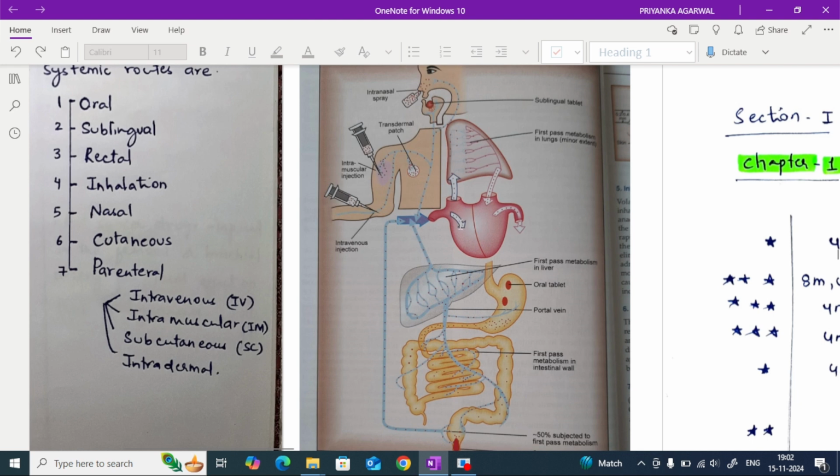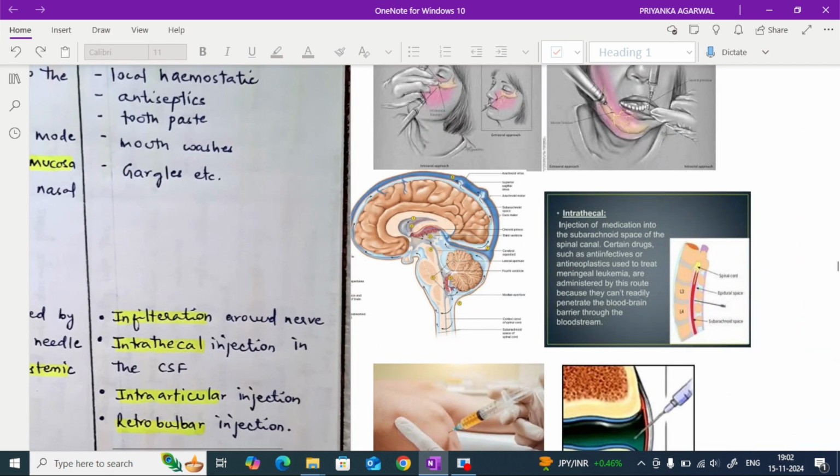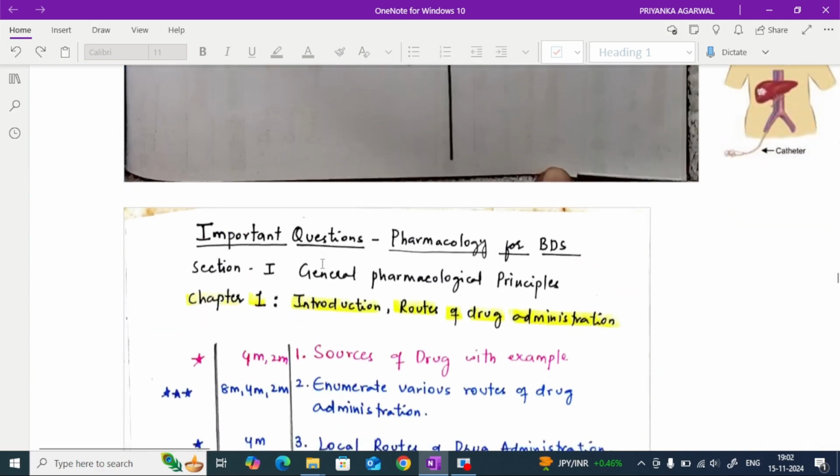So it is the metabolism happening while the drug is passing from the site of absorption to the systemic blood circulation. That happens in the liver here. That is a very big limitation of the oral route. So this is about first pass metabolism.